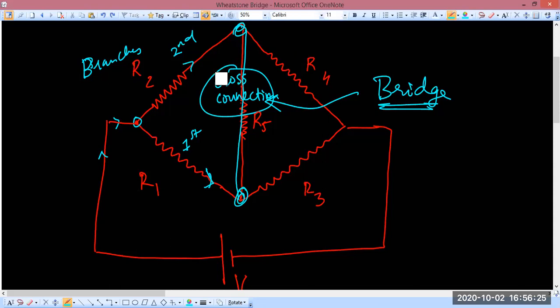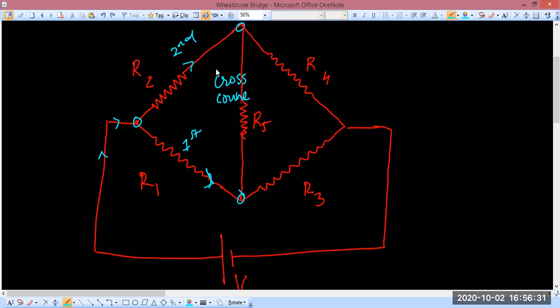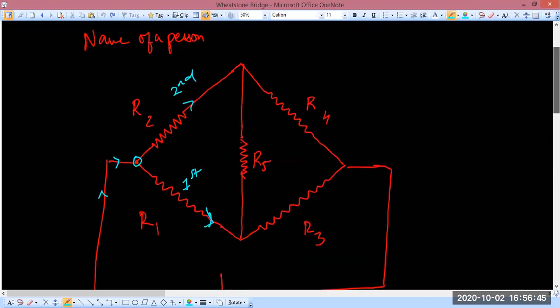Now let's clean this diagram up. So now we are going to talk about a very specific property, right? Let's say this point is A, this point is B, this point is C, and this point is D. The question just asked was like this, right?